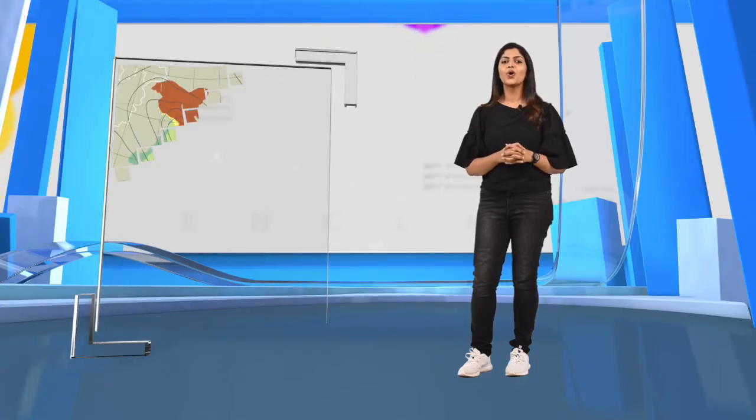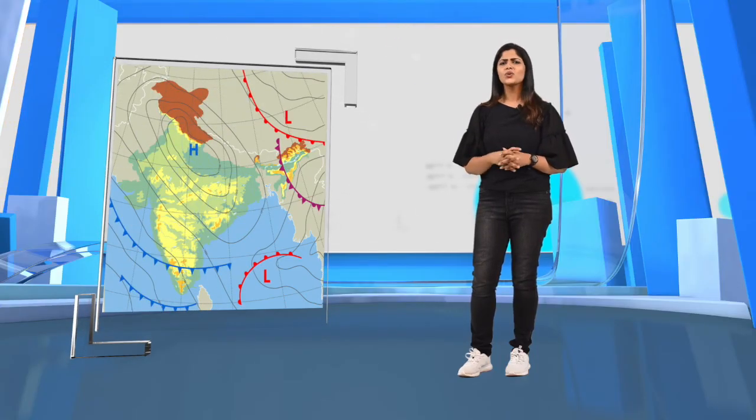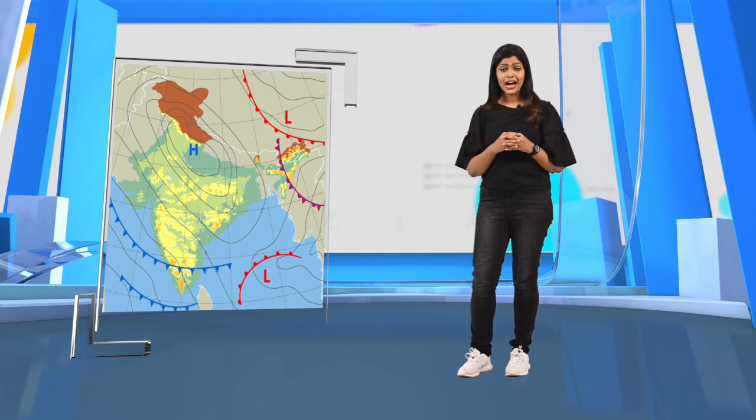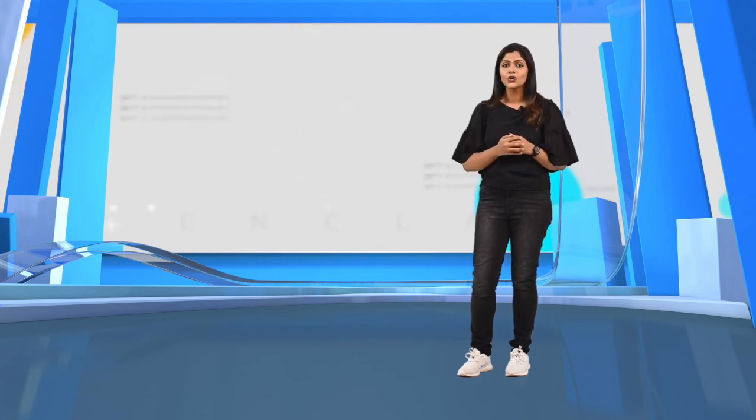Now, let's move on to another image. You see these lines over here. These lines are drawn by joining places having the same atmospheric pressure, and these imaginary lines are called isobars. By analyzing the trend of isobar values, we can find out whether the atmospheric pressure of an area is higher or lower than that of the surrounding places.